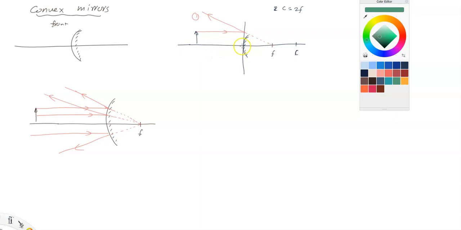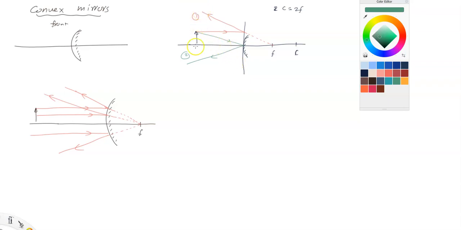Light that comes to the center, that's always the same. It reflects at the same angle. This is number 2.